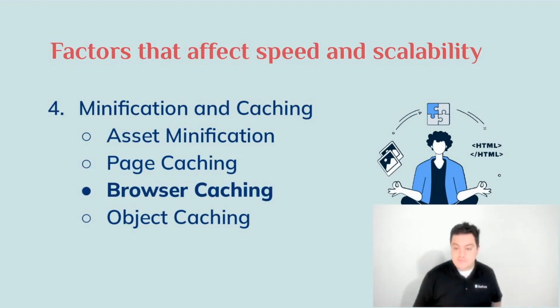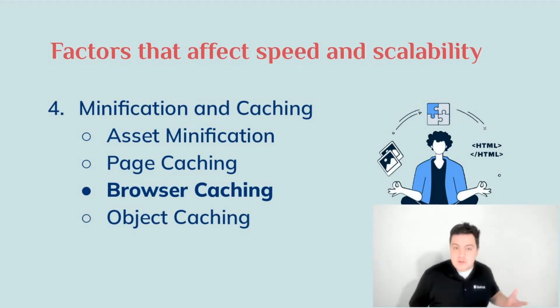Another thing you can do is browser caching. You can have instructions in the code that tell your site visitors' browsers, hey, you don't have to download certain things again. Sometimes things are common between pages: you pull up the home page and it has a logo, then you navigate to another page and you still get that logo.